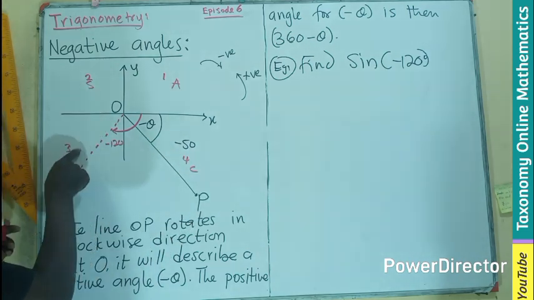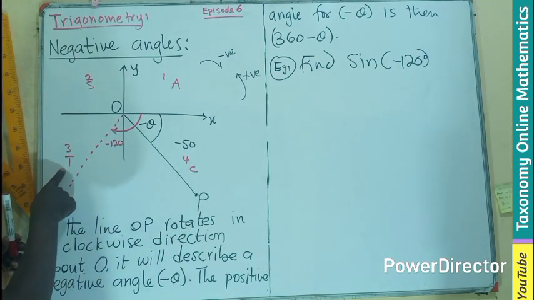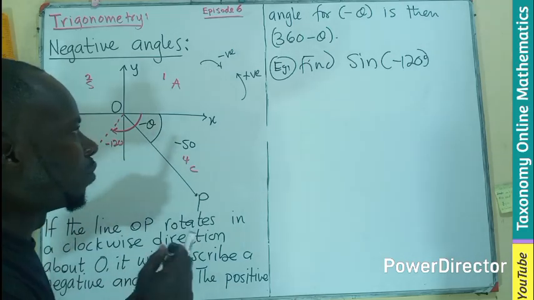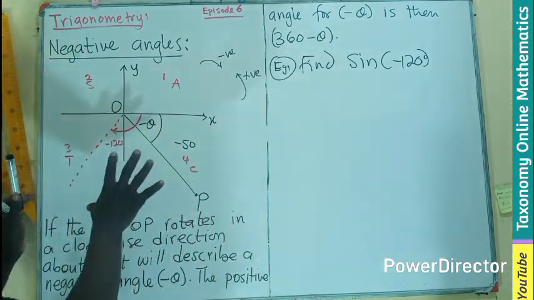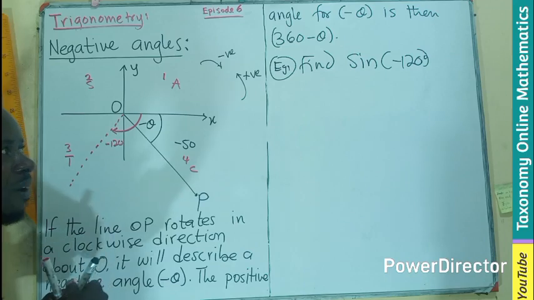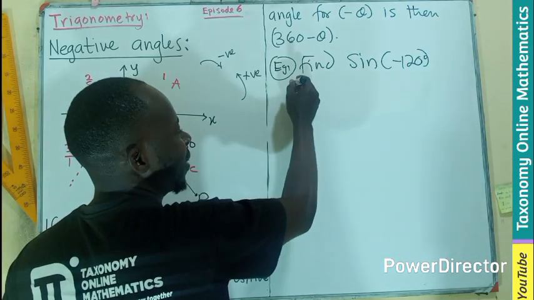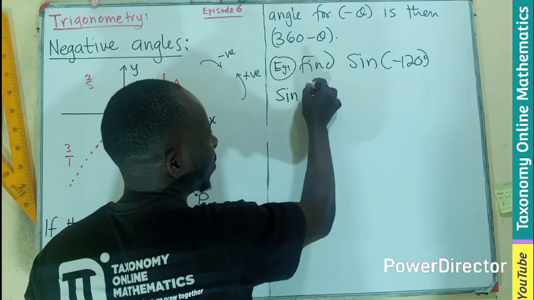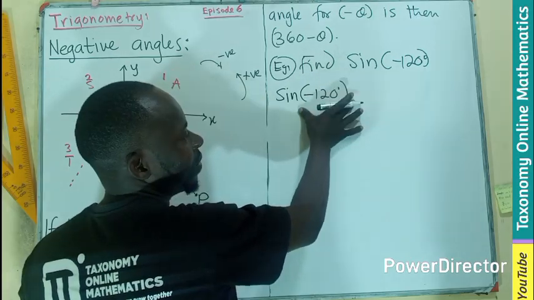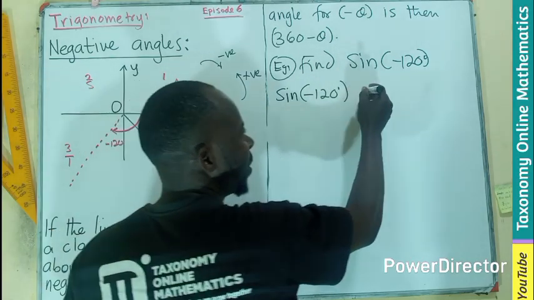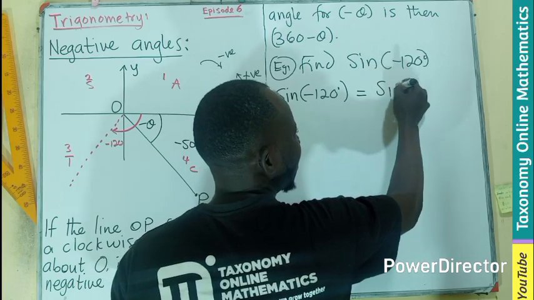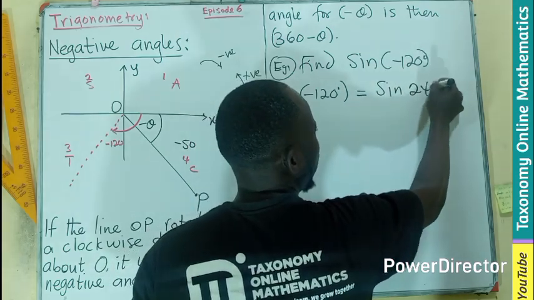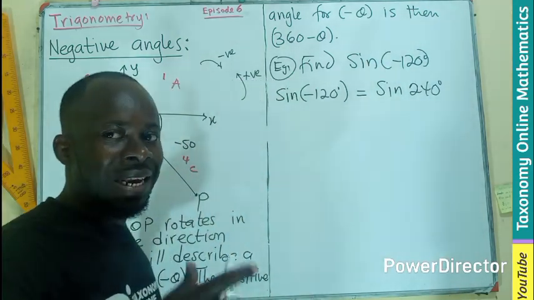So if I have an angle here which is not tan, it will be negative. If I'm to solve this without the diagram, sine of negative 120 is going to be the same as sine 240 degrees.